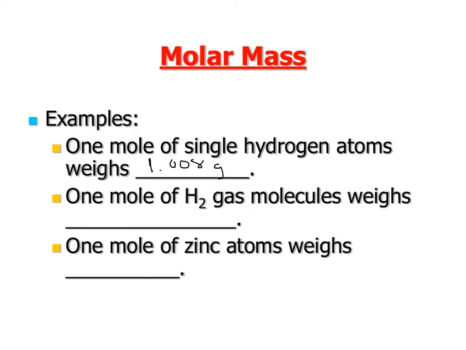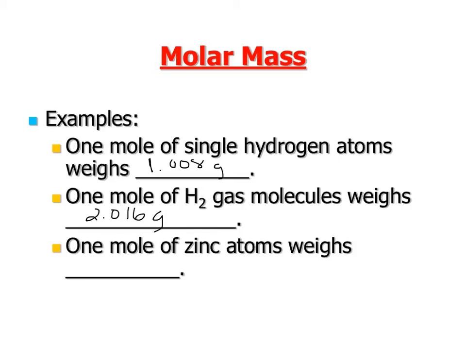So if we're actually dealing with elemental hydrogen, we're dealing with H2. So really the molar mass of a mole of hydrogen gas would have a mass of 1.008 times 2, so 2.016 grams.